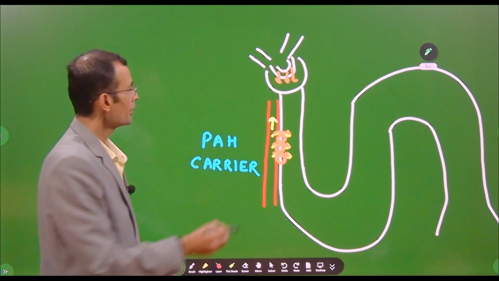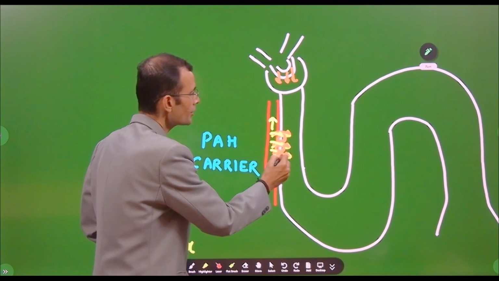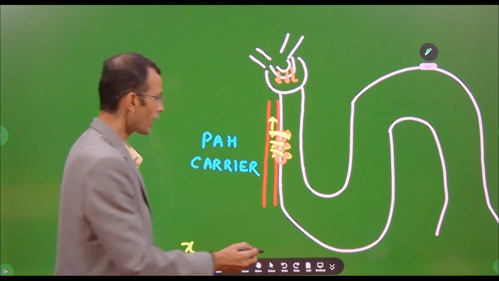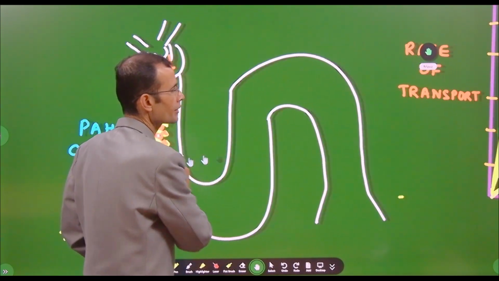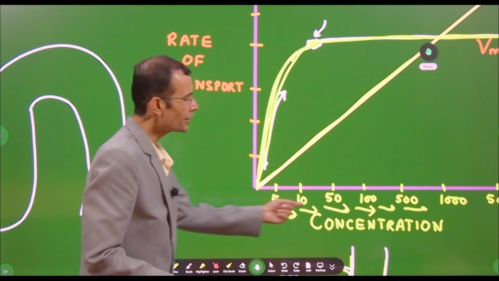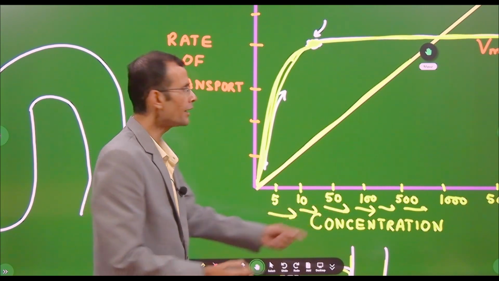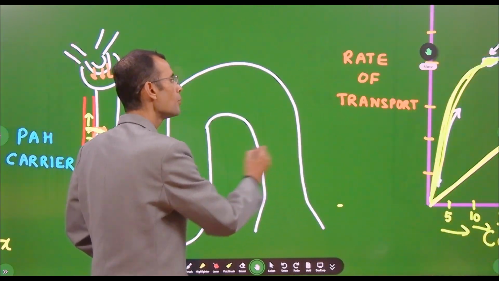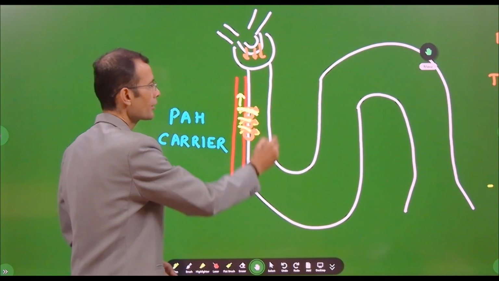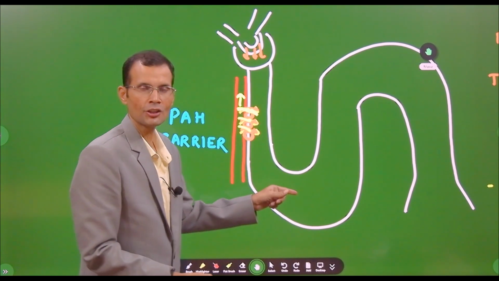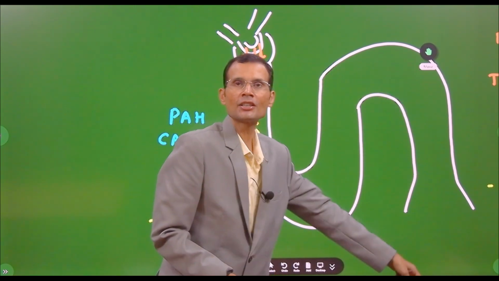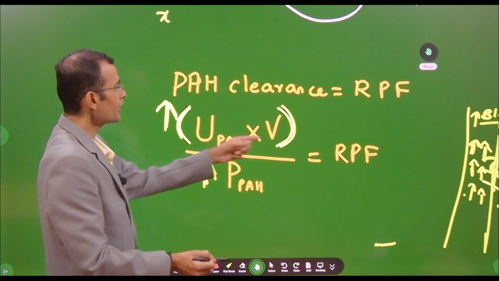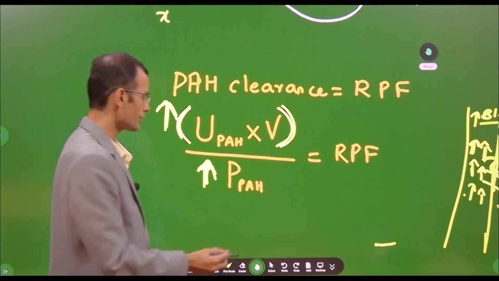More and more PAH is binding to the carrier, and its rate of transport is also increasing. Initially, when you increase the concentration on one side, the rate of transport increases. The carrier can bind more molecules at a time and transport them. So the rate of secretion, and therefore the rate of excretion into the urine, will also increase. Watch it: the numerator, the rate of excretion into the urine, will also increase.